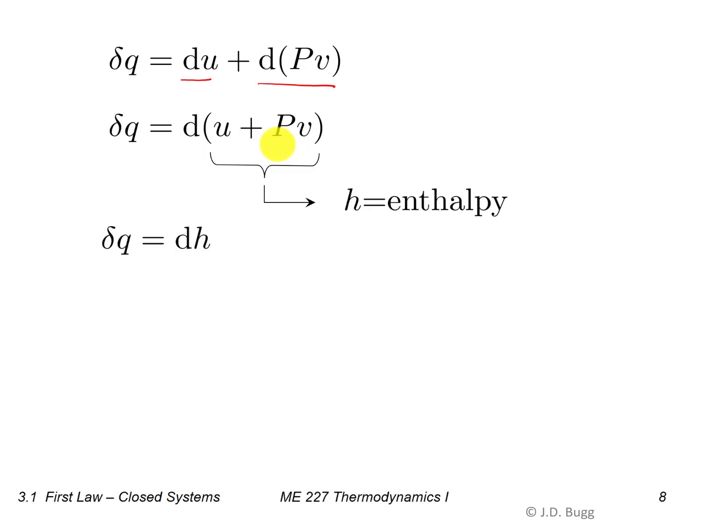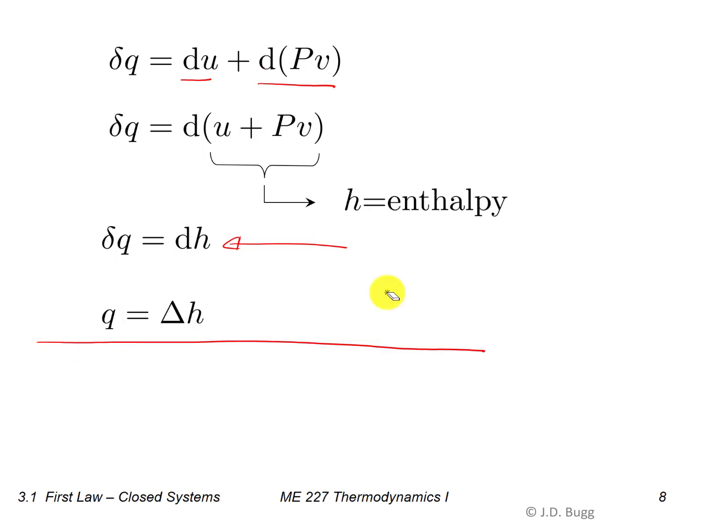Well, that means that for a constant pressure process, delta Q equals dH. Now this equation is still in differential form because I've been working with differentials in order to get there. However, if we look at an entire process, this will become Q equals delta H. So the total heat transfer that happens during the process is the change in enthalpy.